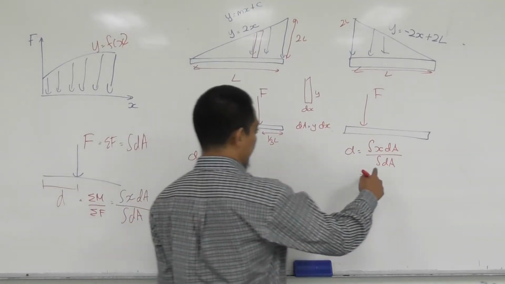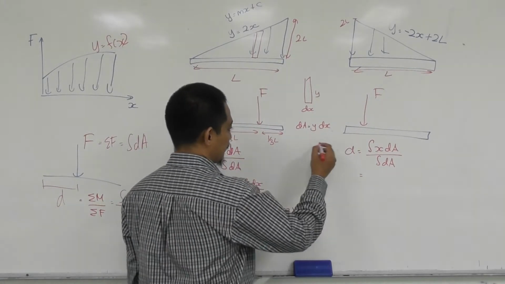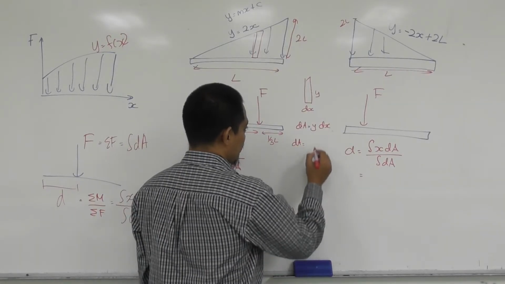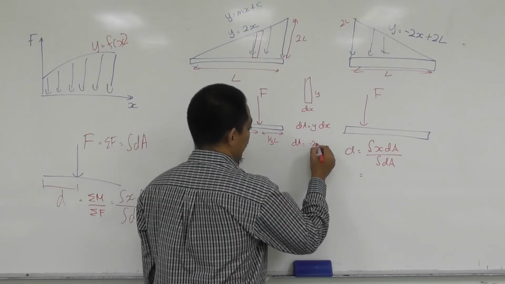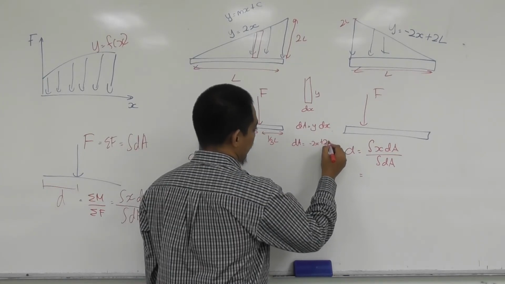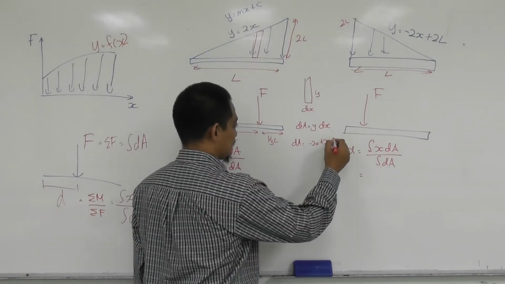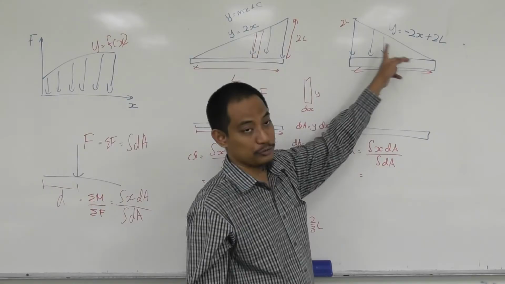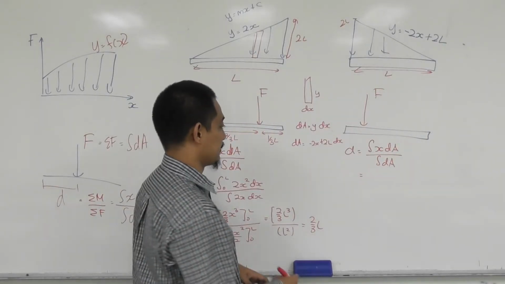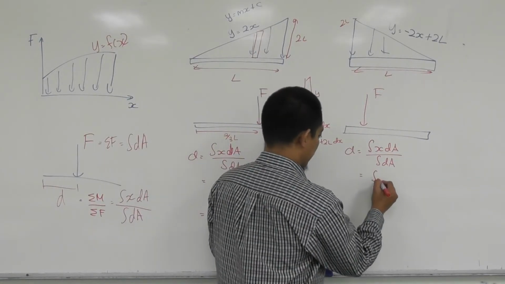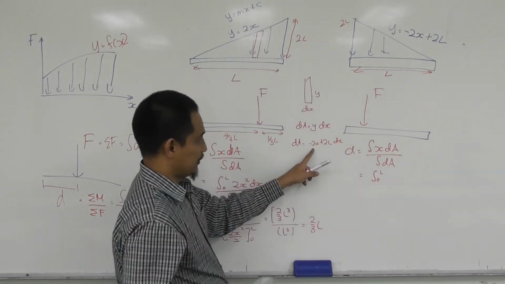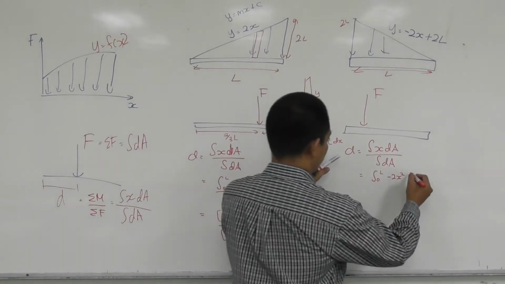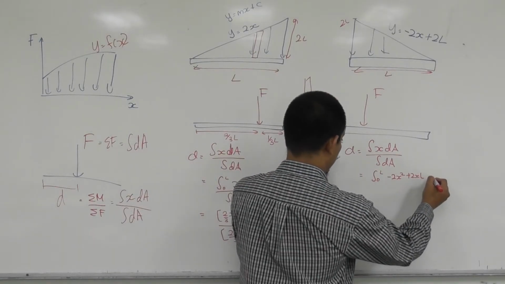If you plug in here, dA is minus 2x plus 2L, and then dx, because y equals all those expressions. So you have integration from 0 to L, and then you get minus 2x squared plus 2xL dx.